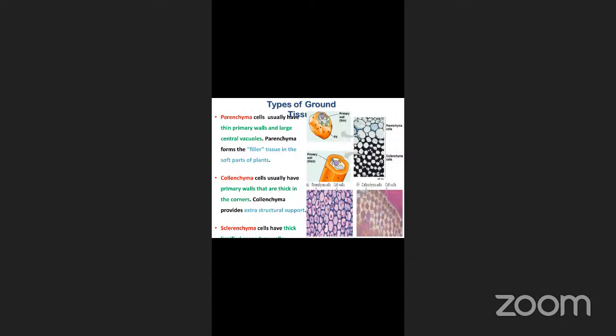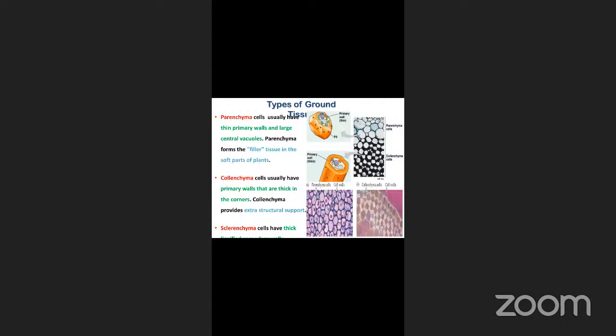Next, storage parenchyma. Storage parenchyma shows storage of liquids, sugars, insoluble carbohydrates, amino acids, and proteins. A good example is beetroot and the scales of onions. They are stored in the form of liquid, the cell sap.